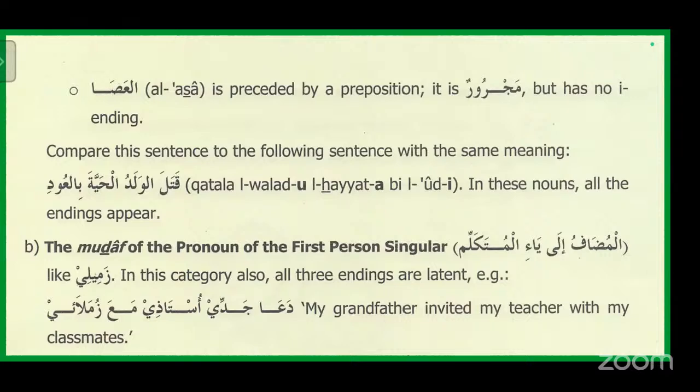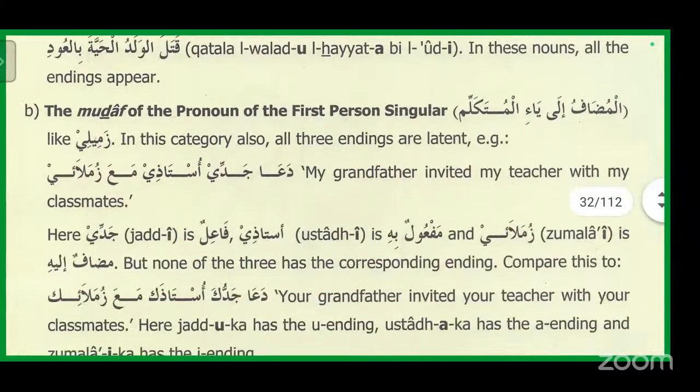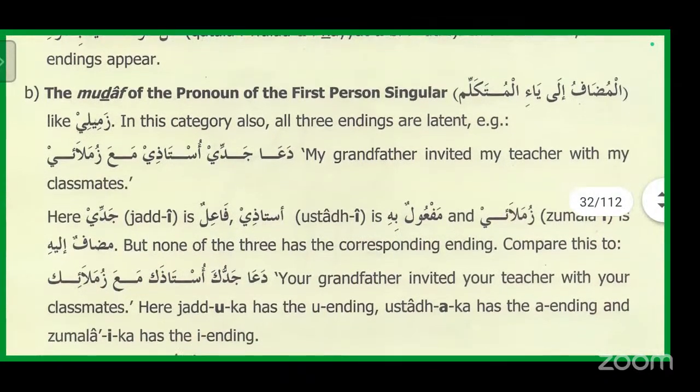Category B, the mudaf to the pronoun of the first person singular, المضاف إلى ياء المتكلم, like zamili. In this category also, all three endings are latent. دعا جدي أستاذي مع زملائي. My grandfather invited my teacher with my classmates.